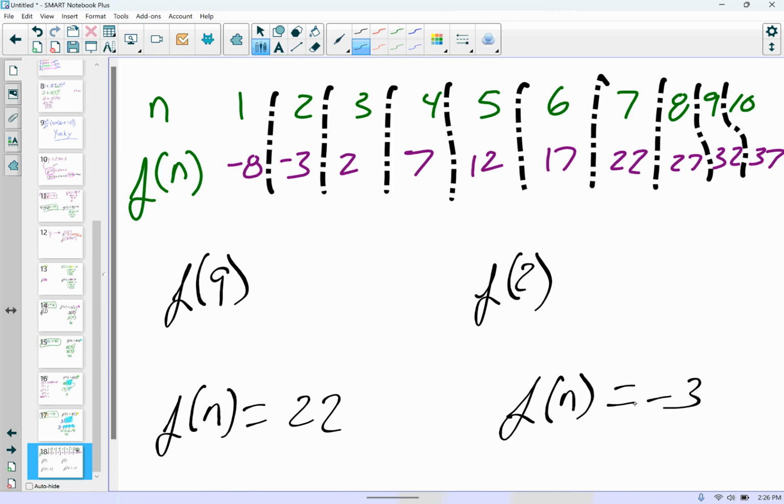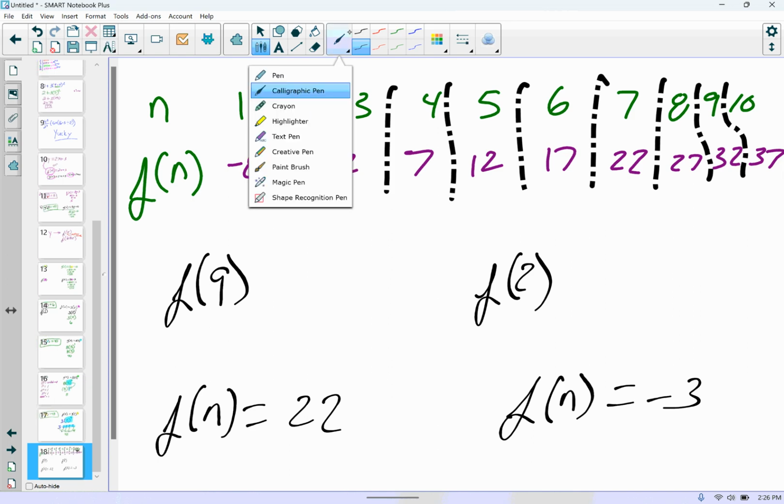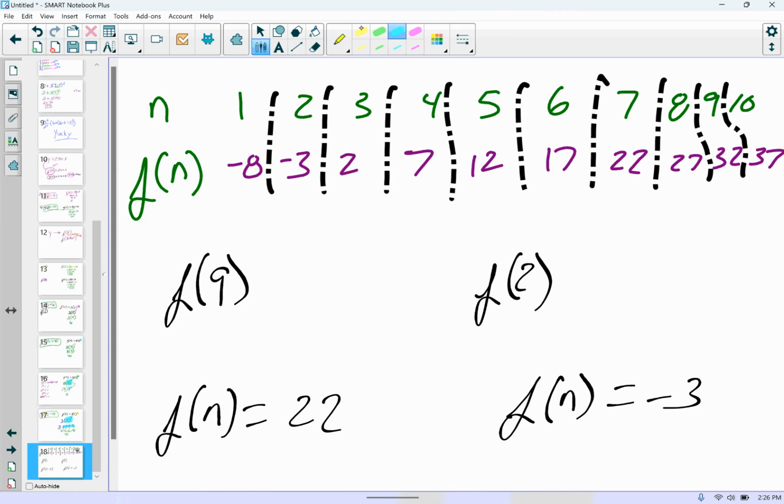All right, ready? Okay. Take a look on this front board. Notice I highlighted F at 9. I highlighted the 9 in parentheses. Agree? Take a look at our table.